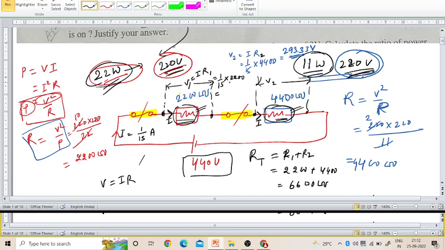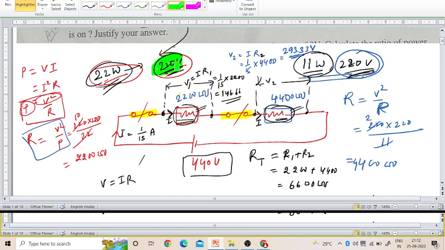Calculating, it is approximately 146.66 volt.